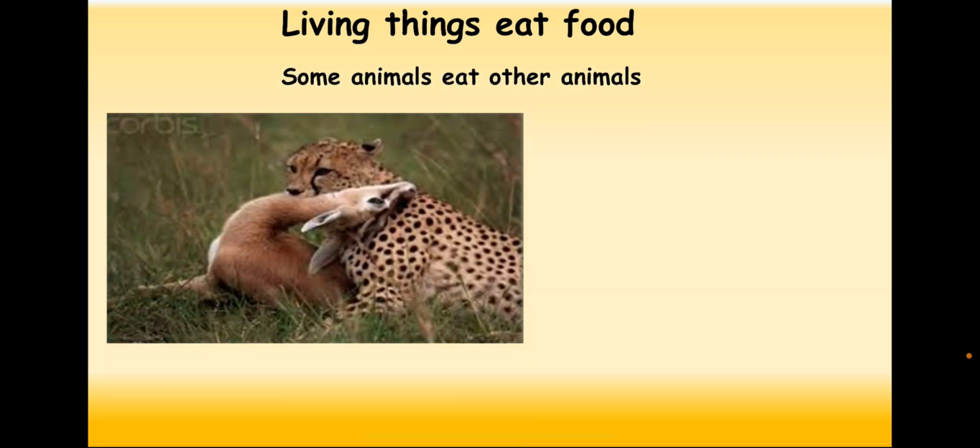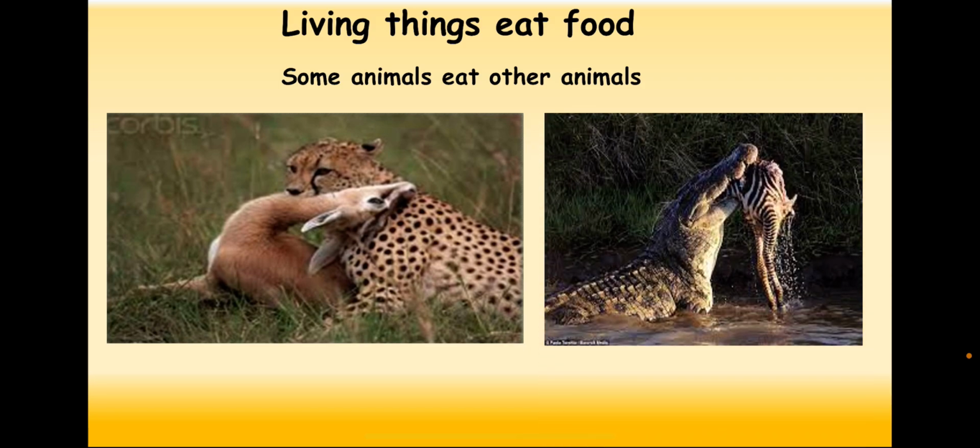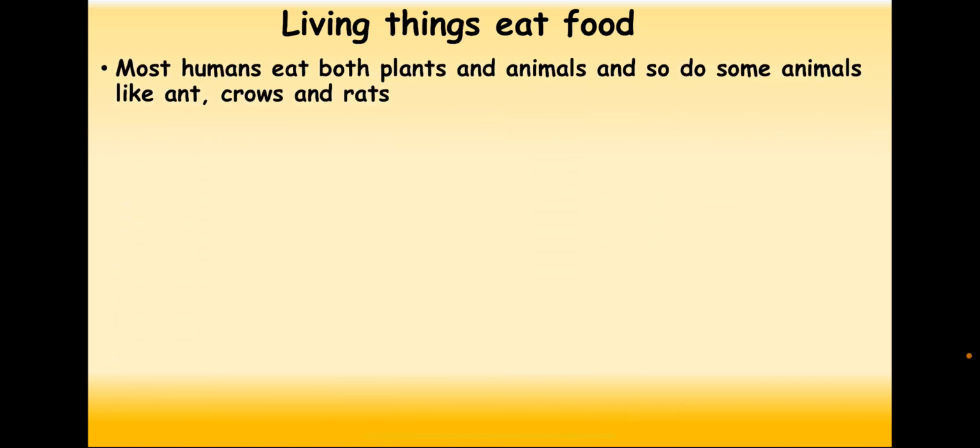But on the other side, some animals eat other animals, and they are wild animals. Like now you can see in this picture, the lion is eating a deer, and in the other picture, the alligator is eating the zebra. Some animals eat both plants and animals. Most humans eat both plants and animals, and so do some animals like ants, crows, and rats.